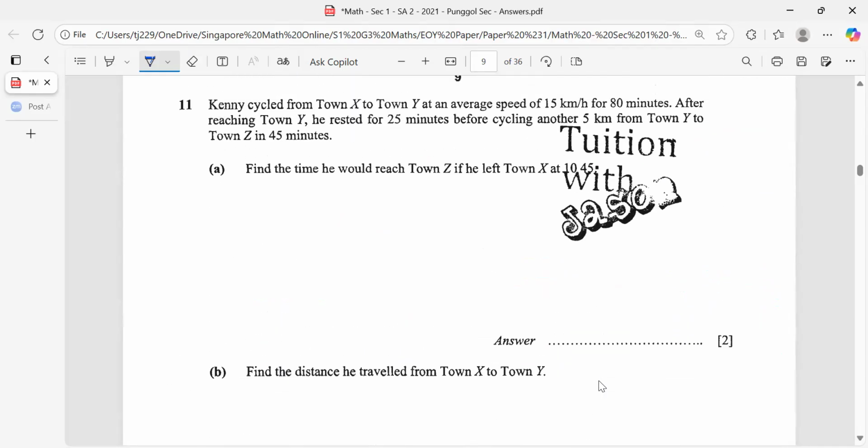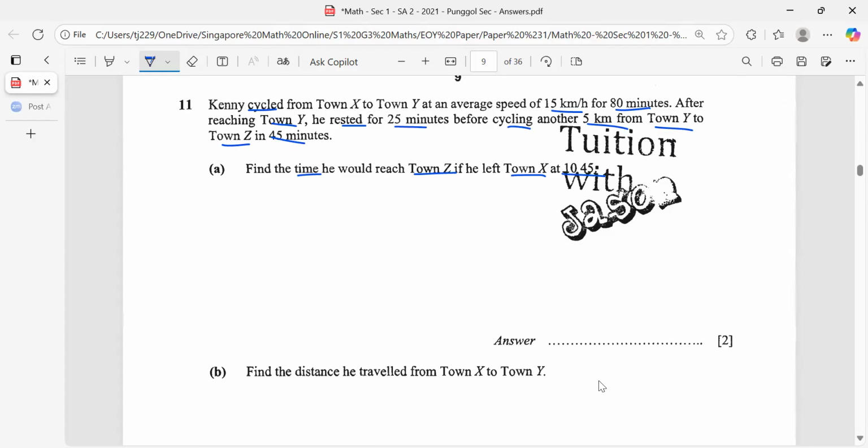Next question. Kenny cycled from town X to town Y at an average speed of 15 kilometers per hour for 80 minutes. So this is cycling. After reaching town Y, he rested for 25 minutes before cycling another 5 kilometers from town Y to town Z in 45 minutes. Find the time he would reach town Z if he left town X at 10:45.